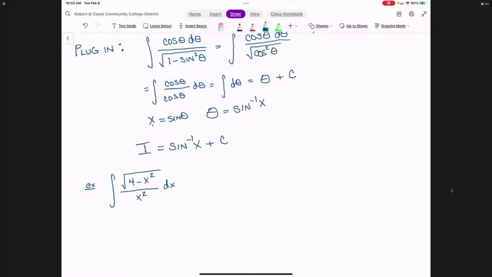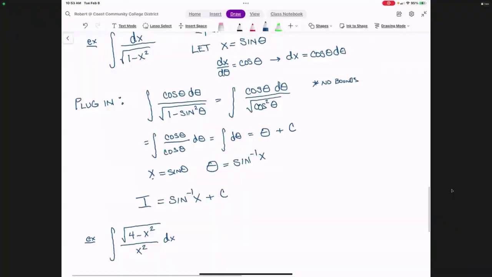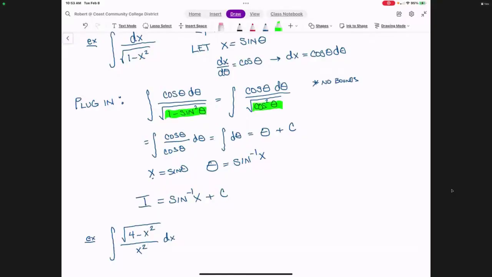If we want to take advantage of the identity that we used right here, we're going to have to make a small little adjustment.